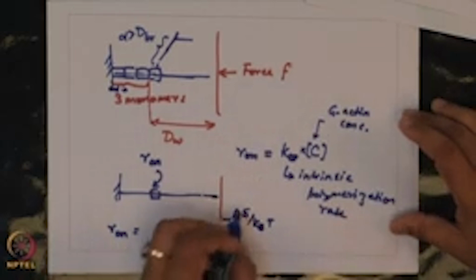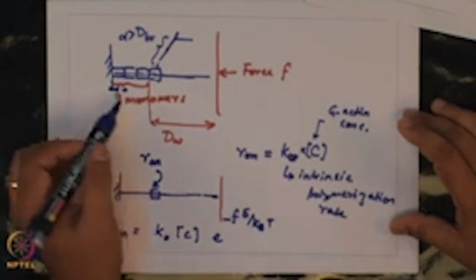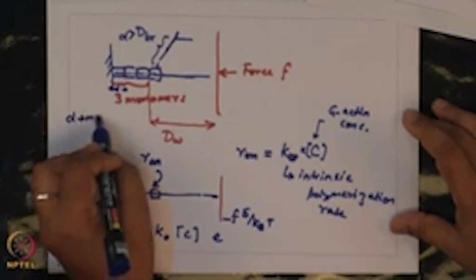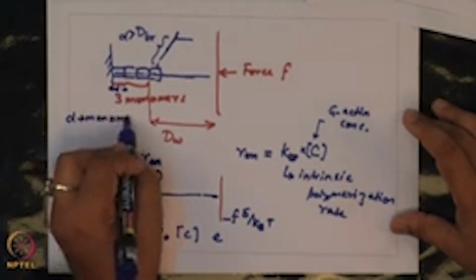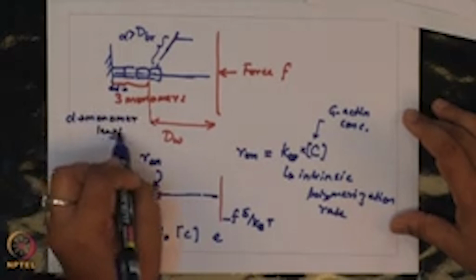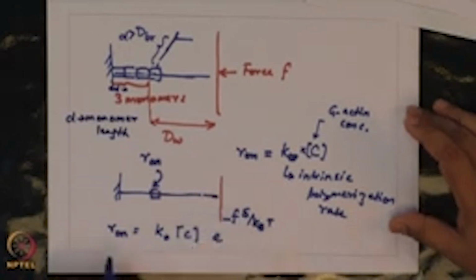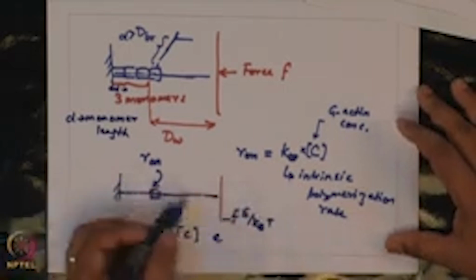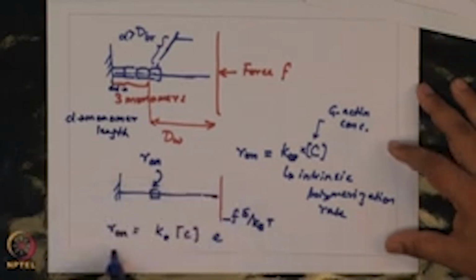I am making a distinction between d, which is the monomer length, and delta. For the case of a straight filament, if a new monomer is to be added, then I must have delta equal to d.